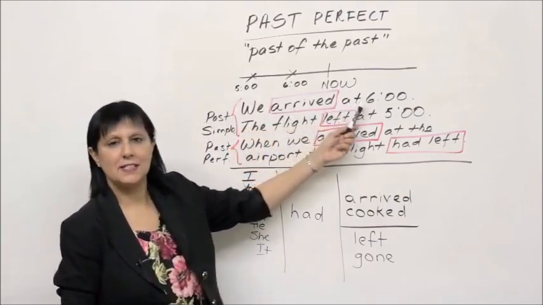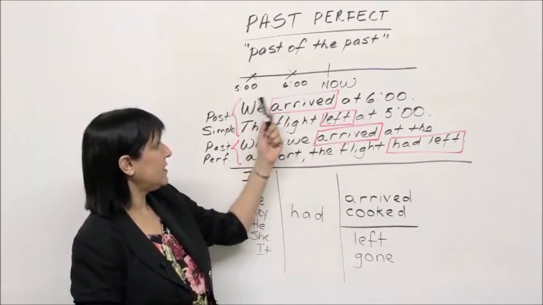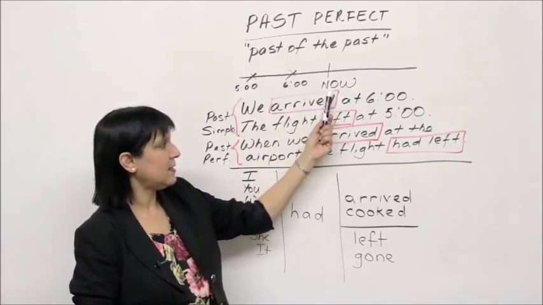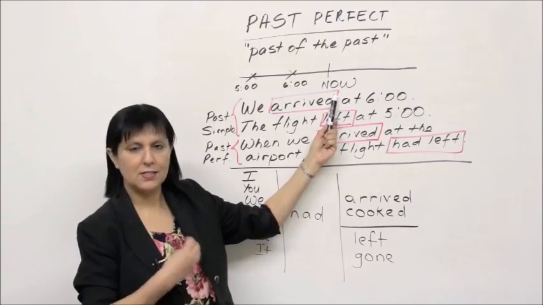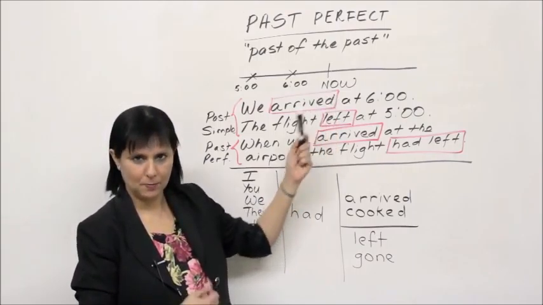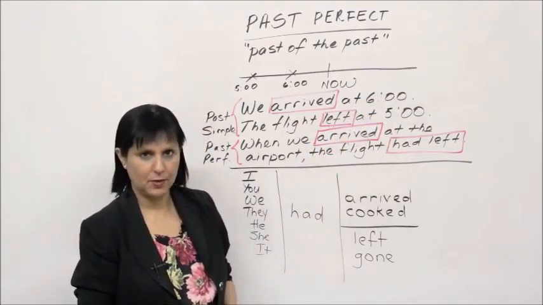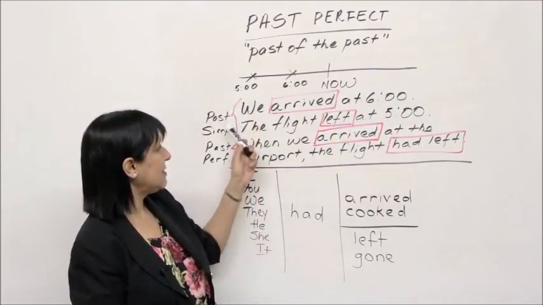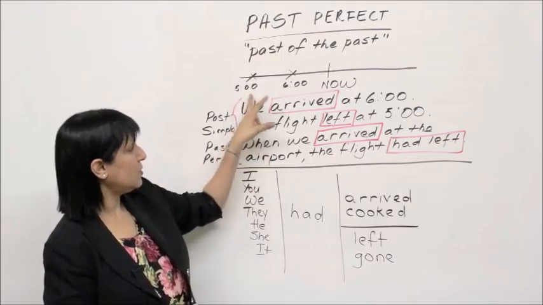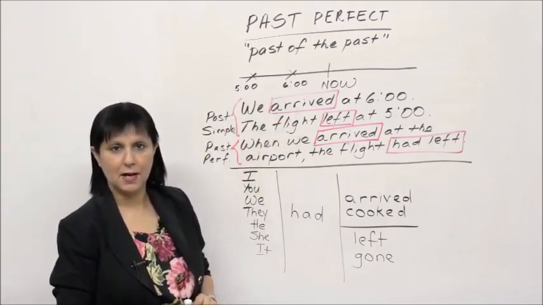Let's look at this timeline. Okay? On this timeline, this line says now. This is the period of time right now. This is the past, and that side is the future. Okay? So let's look at the example. These are two events that happened in the past.